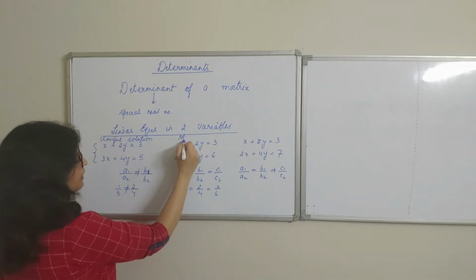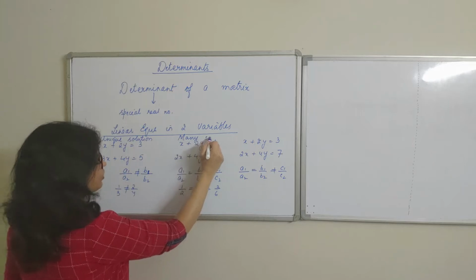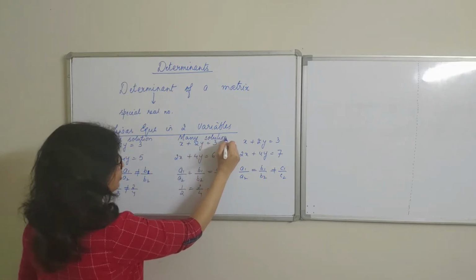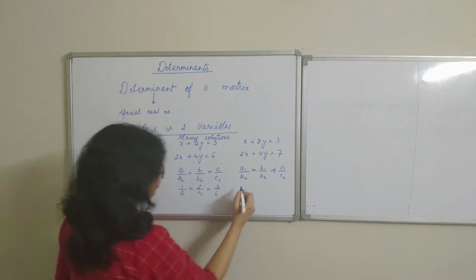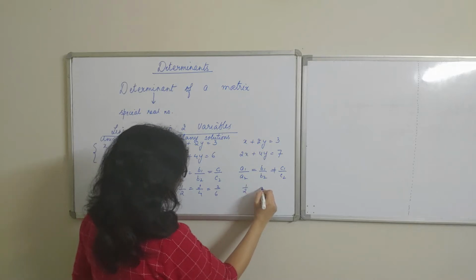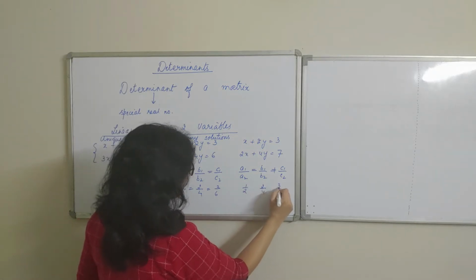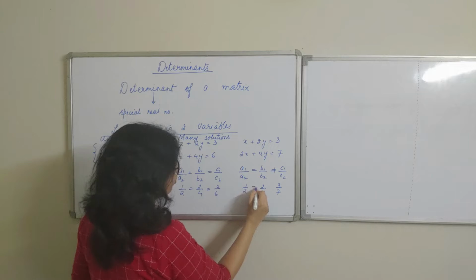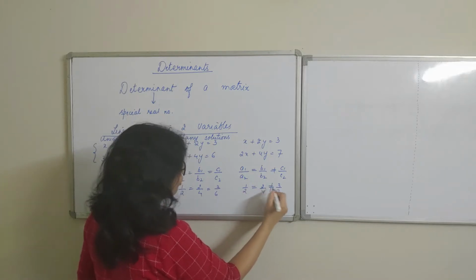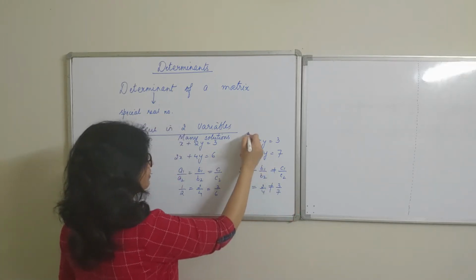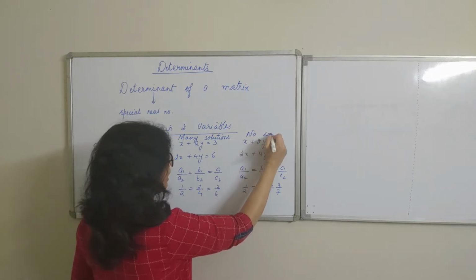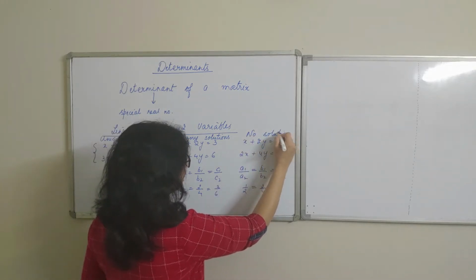So in this case, the set of equations has many solutions. Likewise, in the third case, the ratios are 1 by 2, 2 by 4, 3 by 7. The first two ratios are equal but not equal to the third ratio. So in this case, the set of equations has no solution.